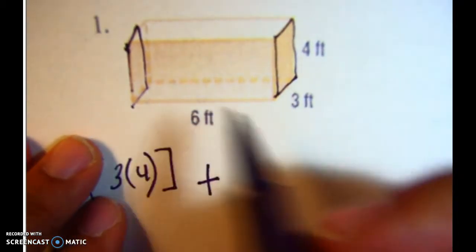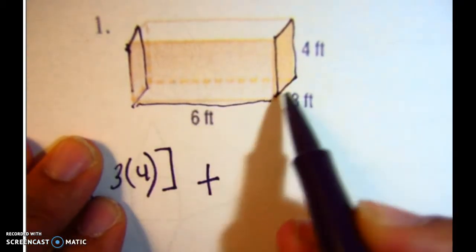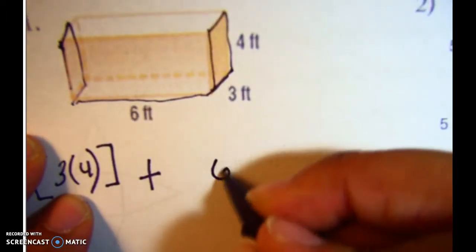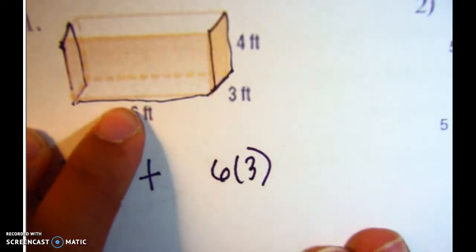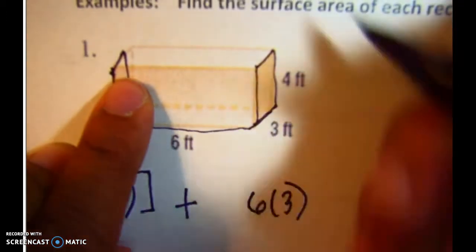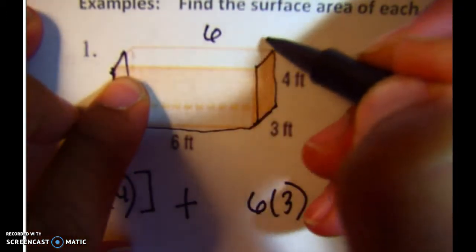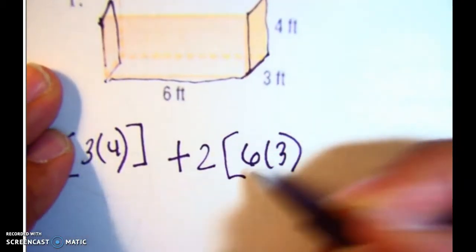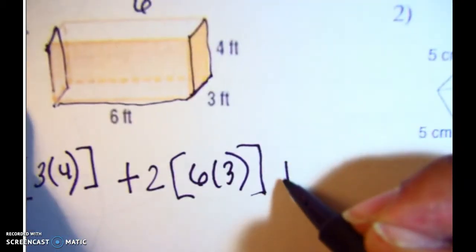You have a bottom that's a 6 by 3. This is 6 and that's 3. So I'm going to multiply 6 times 3 to get the area of the bottom. And my top is also 6 times 3. Even though the numbers are there, you know the top and bottom are the same. So I have 2 of those.